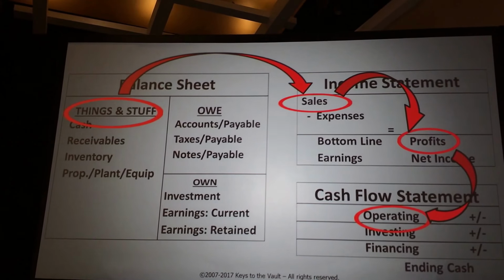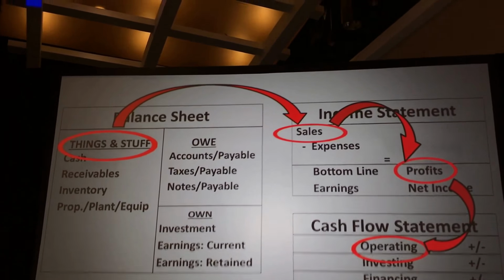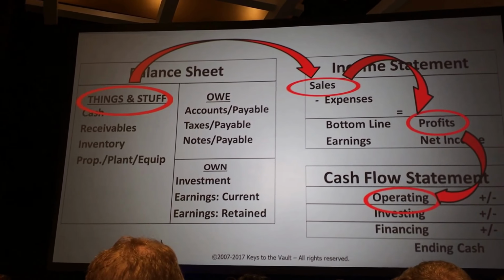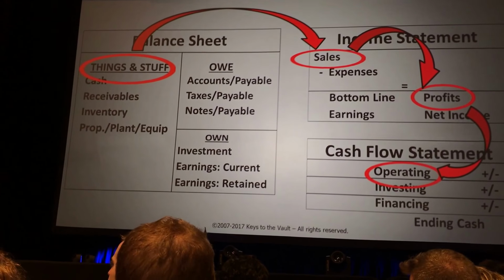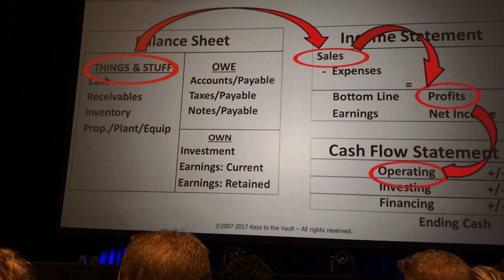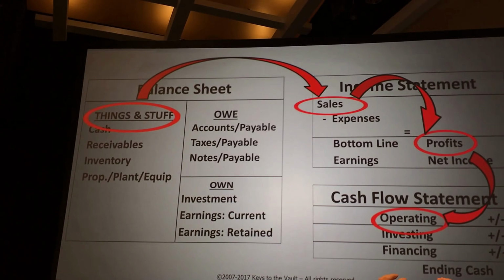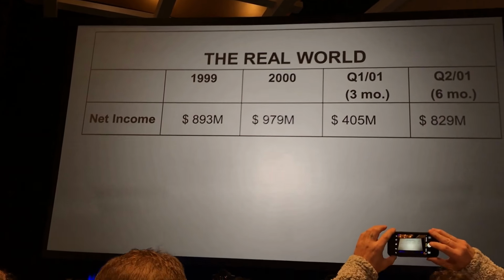I gotta have a balance sheet to see how I'm doing on my assets. I gotta have a balance sheet to see how I'm doing on accounts receivable, accounts payable, and inventory. I gotta have a balance sheet to see what's going on with the amount of money I owe. But for purposes of the ultimate blueprint, I want things and stuff converted into sales, sales into profits, profits into operating cash.